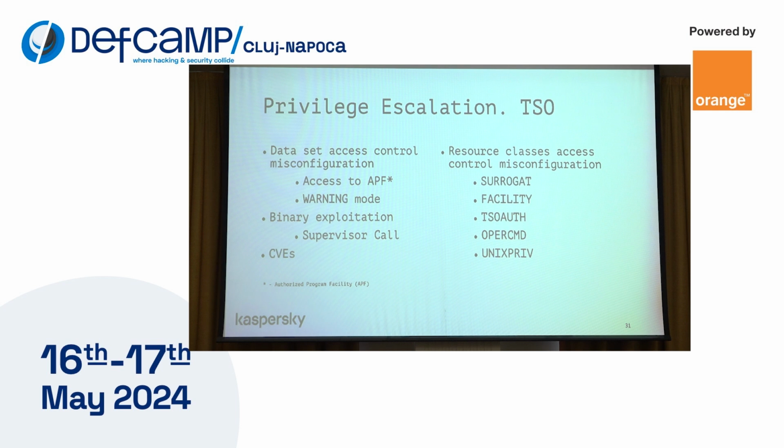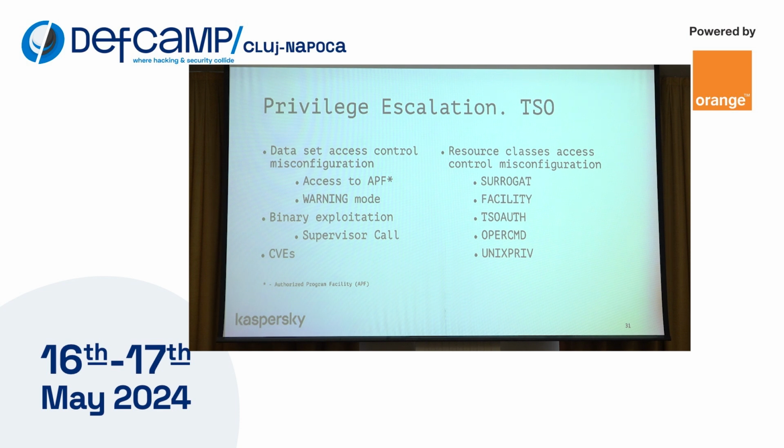For example, if we have enough permissions for changing some data set, you may paste some code that will find the current user profile in RACF service memory and change some bytes to escalate current privileges.